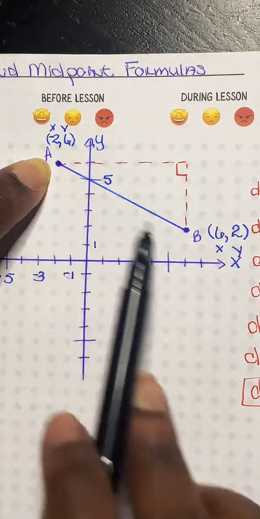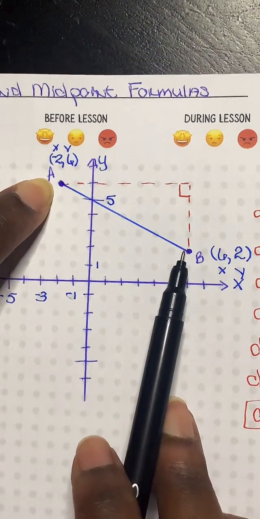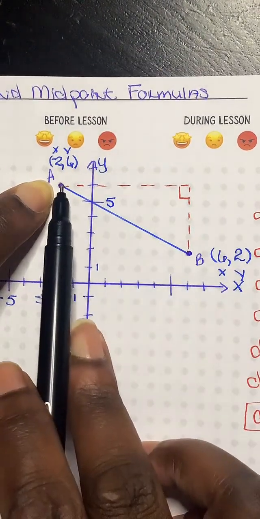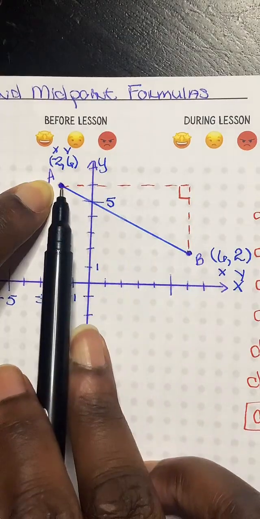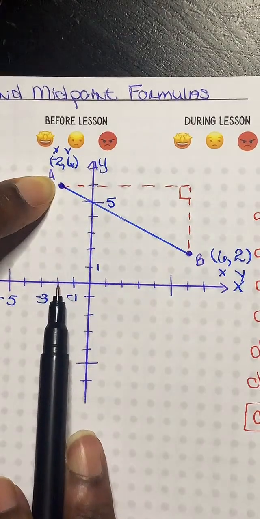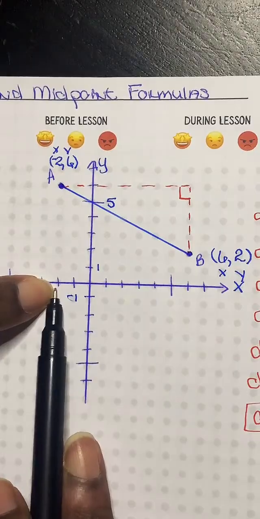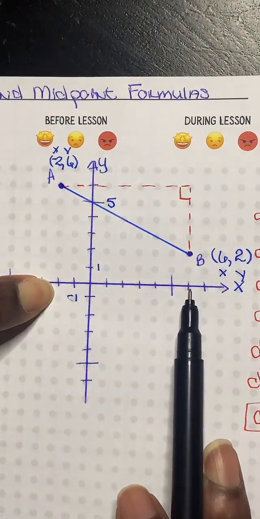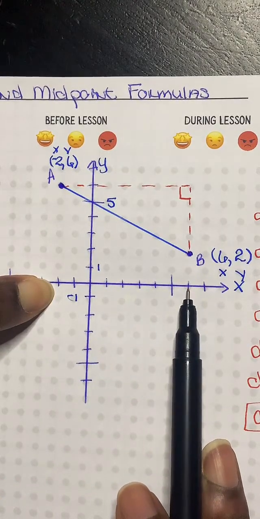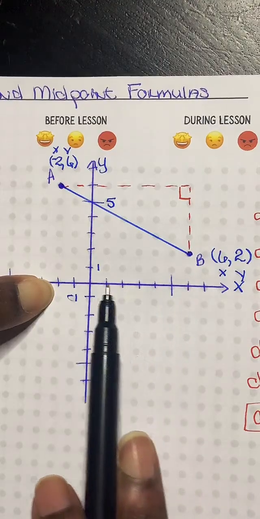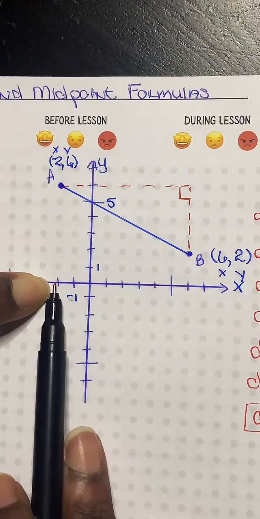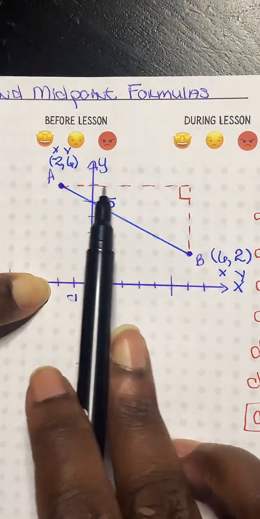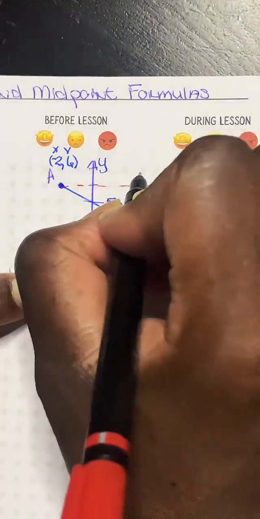Just based off of the points that I have here, I can figure out how long it is from here to here. So if I'm starting here at the x value at -2, and I'm ending at my x value at 6, I know from here to here is 6 plus 2 more units will give me 8. So the length of this side is an 8.